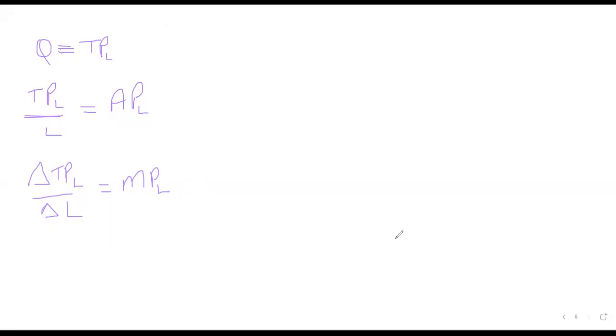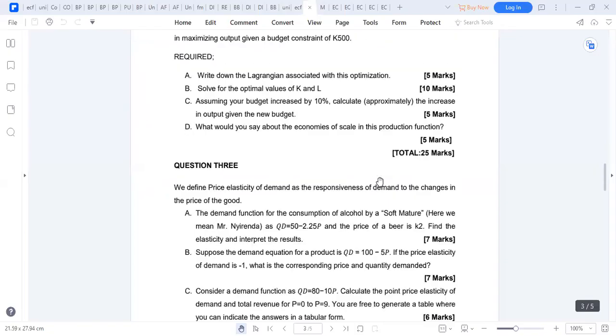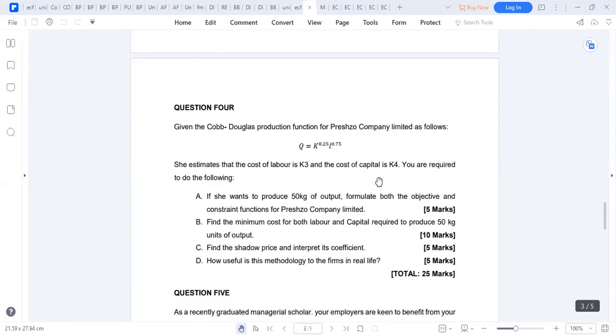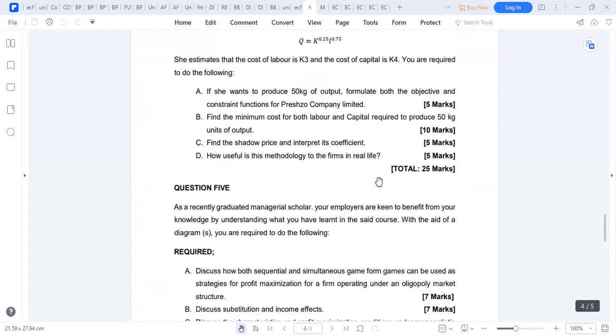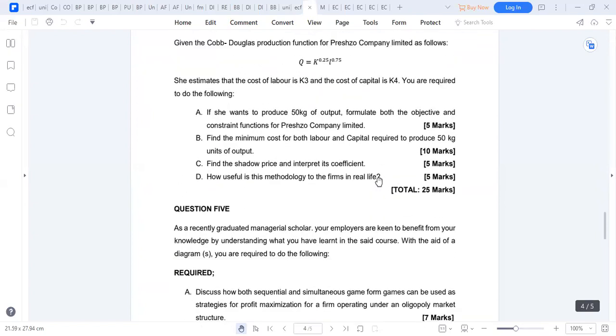Okay, let me try to navigate to another screen, maybe to allow you to be able to see. Are you able to see this? Yes, I'm able to see.